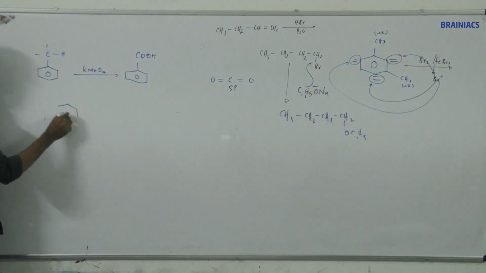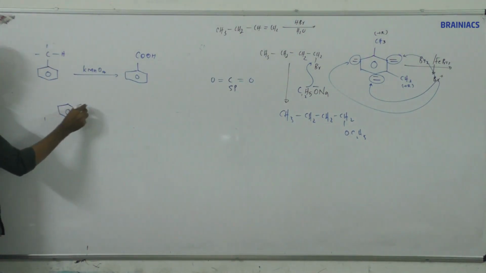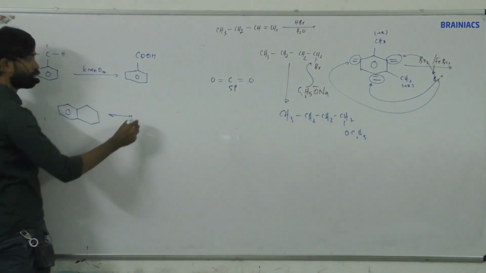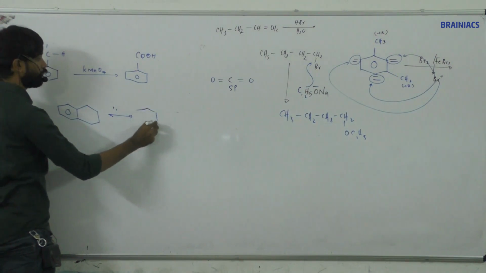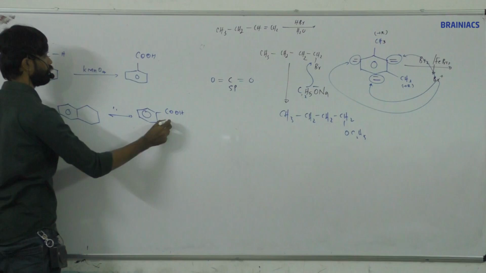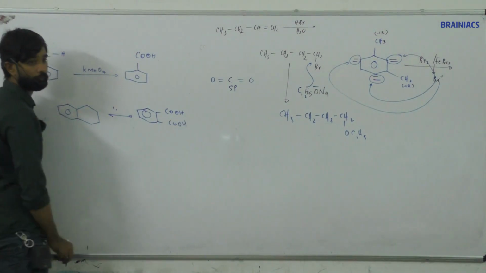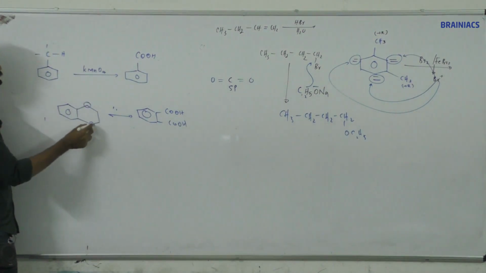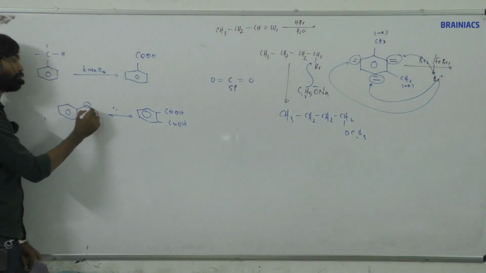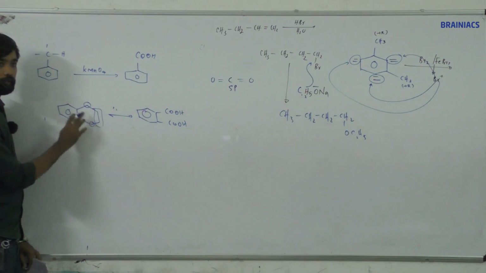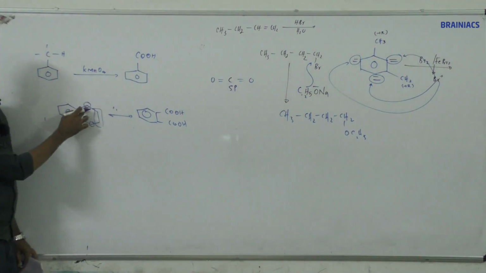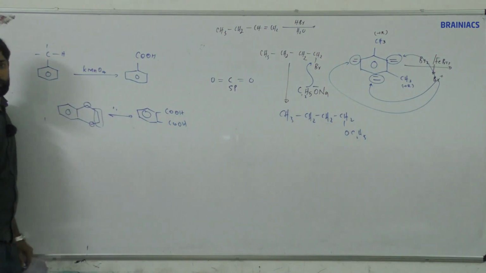Listen, I'll give you an example. If this is a molecule which on treatment with the reagent, what do you obtain? You obtain phthalic acid. Why? Here is a benzylic hydrogen, and here is a benzylic hydrogen. Whatever the other valency, if there is a benzylic hydrogen, the rest is knocked out to form COOH.